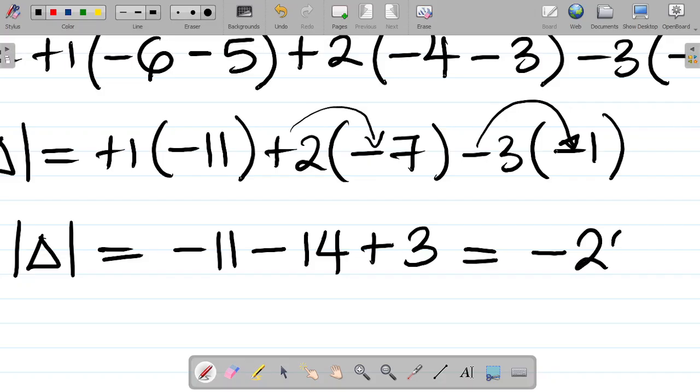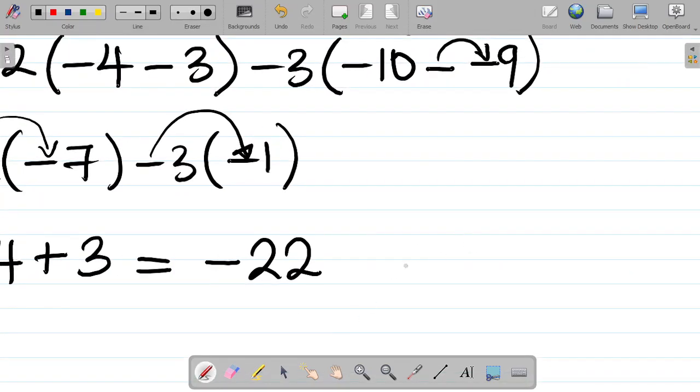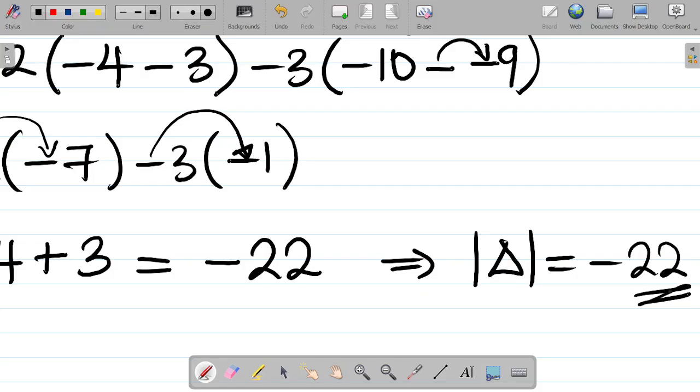So I have this as minus 22. That means the determinant of lambda is equal to minus 22. So we have this. All right, that's our first task.